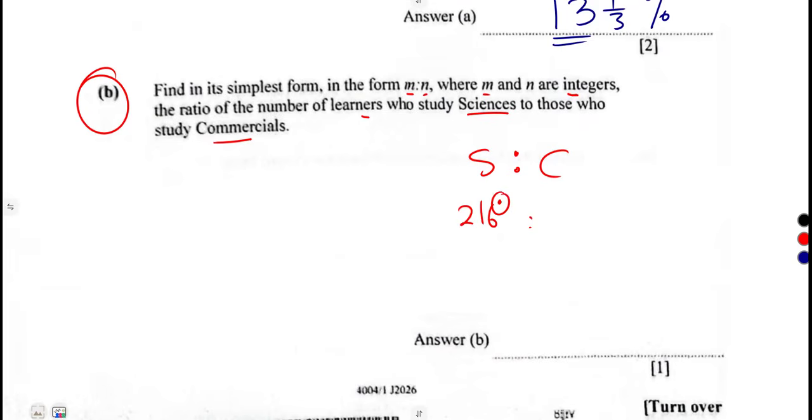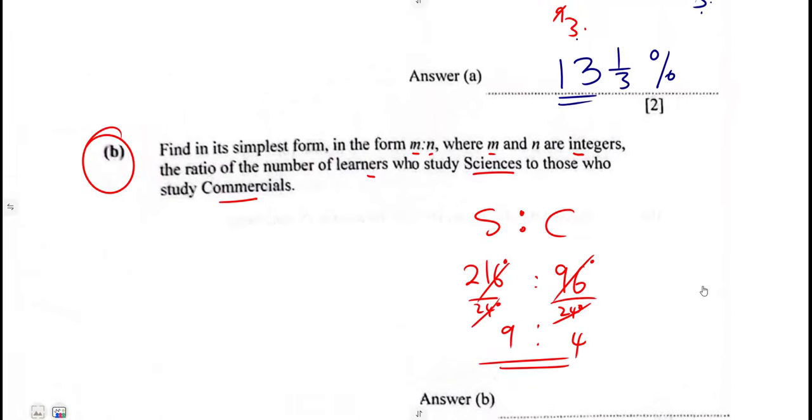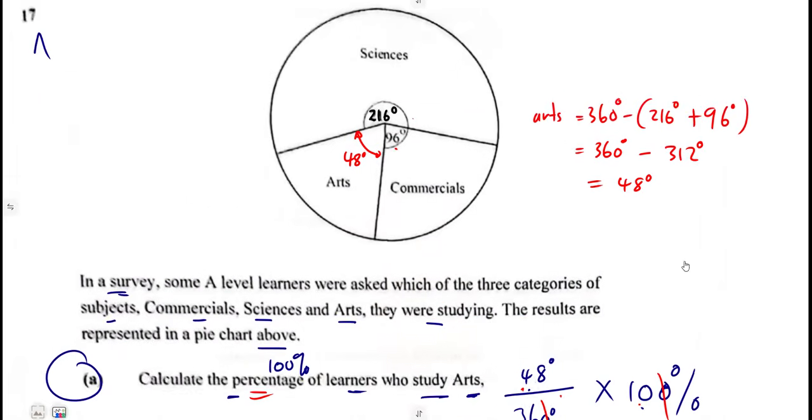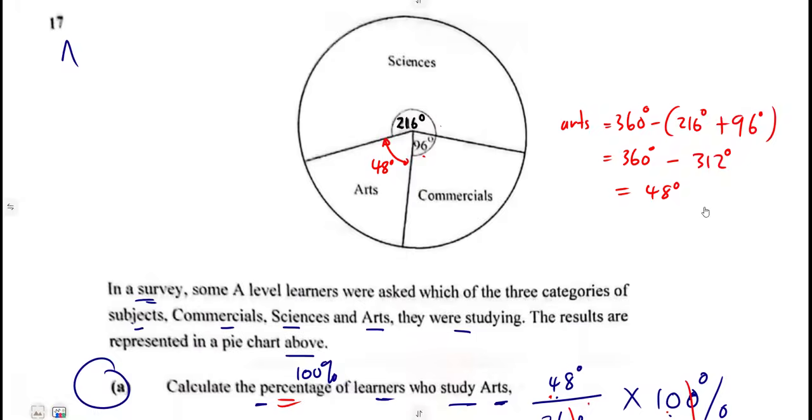As long as these are both angles in degrees, simply divide by 24 degrees. You're going to obtain 9 to 4. Or simply reduce by the smaller number, up to the last one. So that was our ratio.